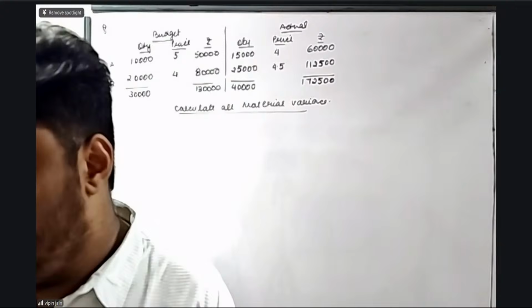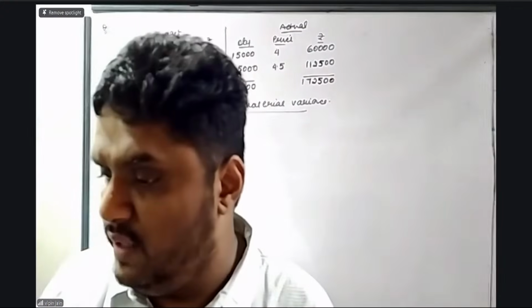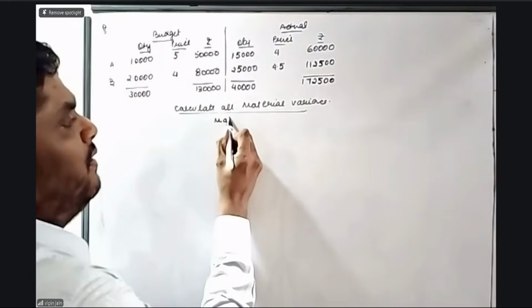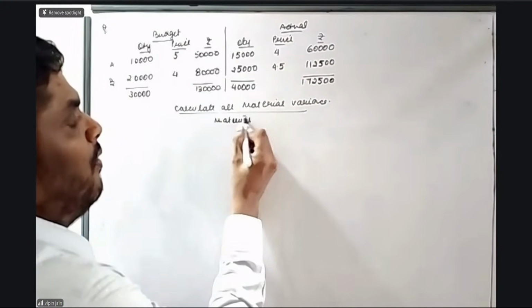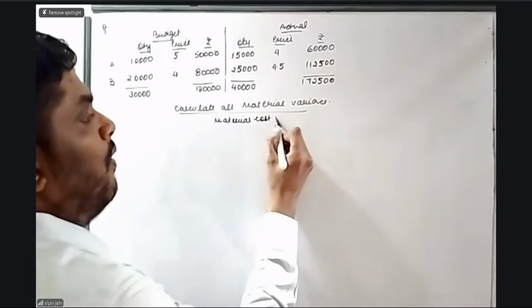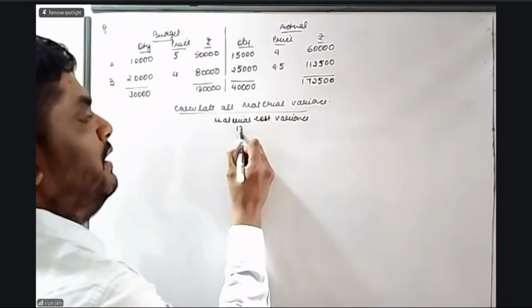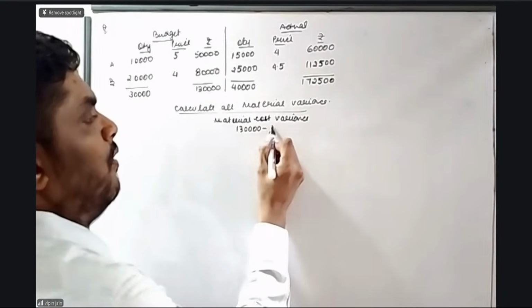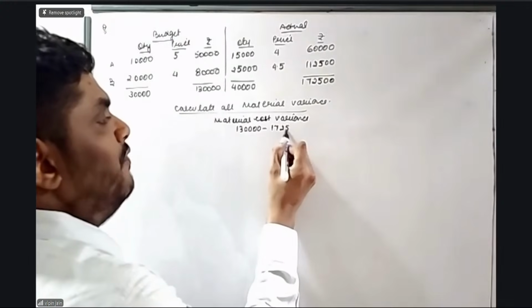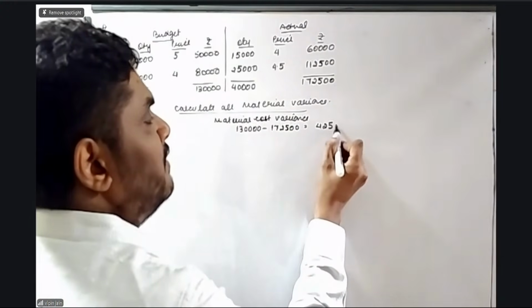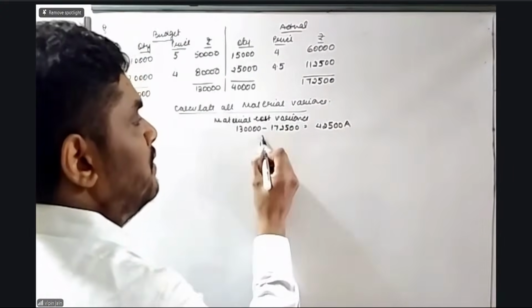Pooja, please recheck. Rest everyone, correct answer. Very good, guys. So very simple. Material cost variance will be 1,30,000 minus 172,500. So this will be 42,500 adverse.